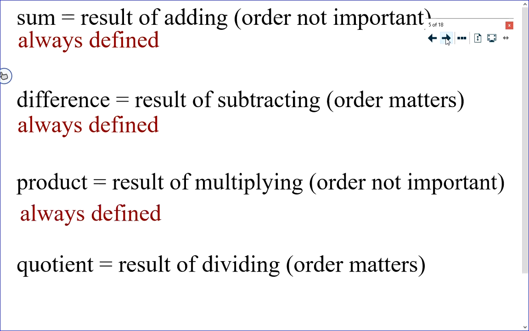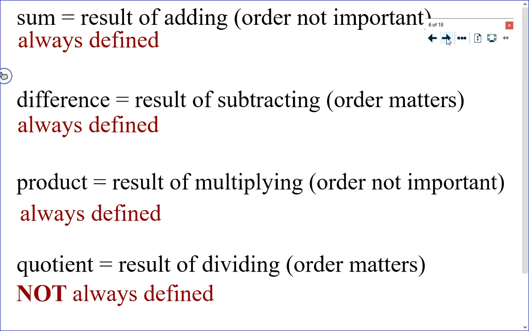Same with the product. When you multiply 2 things, you can always multiply things as long as they exist. Any 2 numbers multiplied together will give you an answer. Any 2 functions multiplied together, as long as they exist, will give you a defined function. The problem is that a quotient is not always defined.